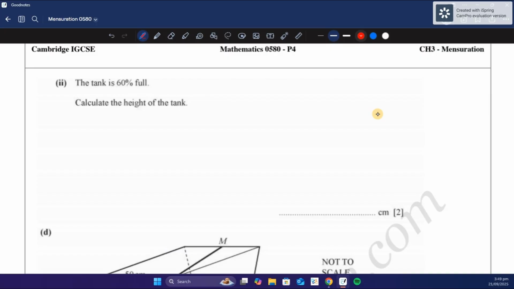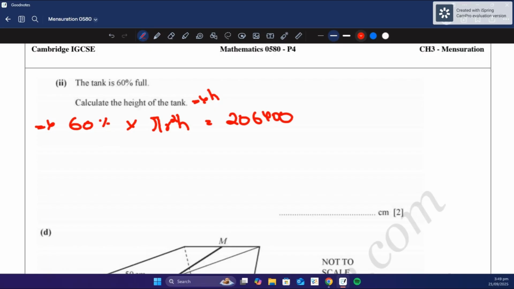Moving on to part 2, the tank is 60% full. Calculate the height of the tank. So height would be h. We need to find h, and so can we say 60% of the volume, which is pi r squared h, equals 206400? Yes, that would be correct.